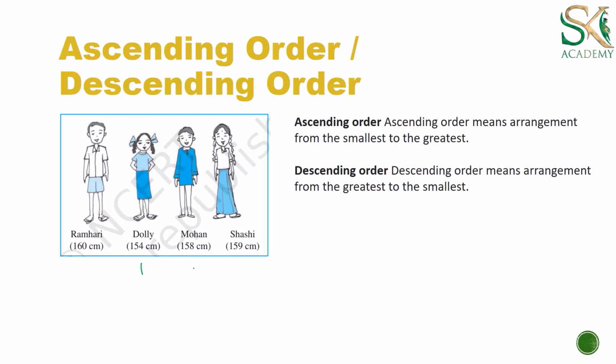What is the next highest number? This is the next highest number. What is the next highest number? 159 is greater than 158, correct? And now 160 is greater than 159, correct? So now if you have to write down in the ascending order, who will be first?